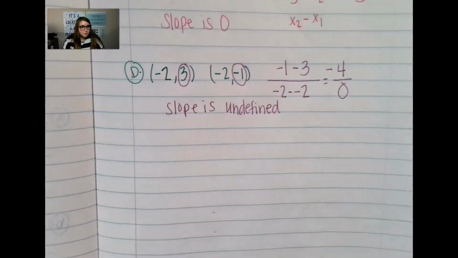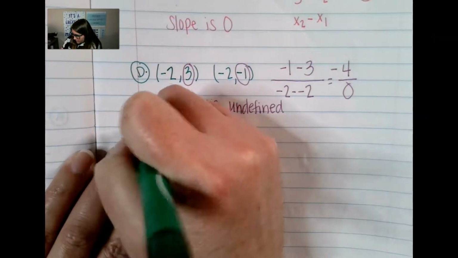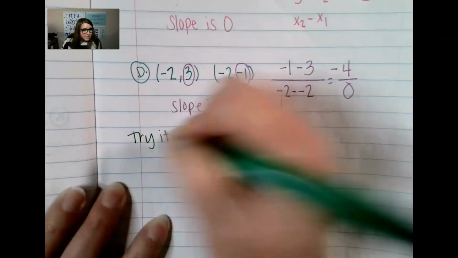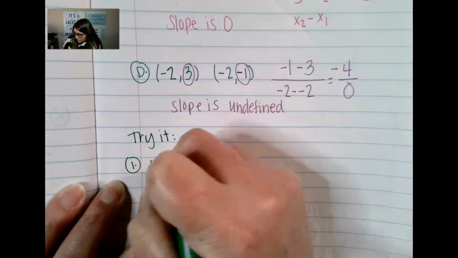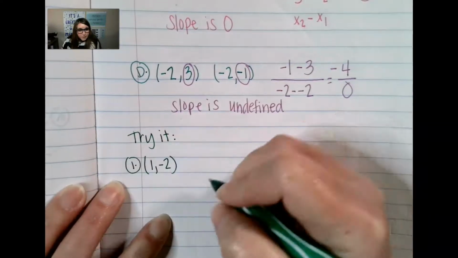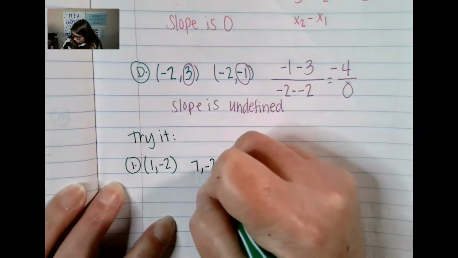Okay, so now I'm going to give you some coordinates, and you can choose to either graph them and then solve, or you can choose to subtract, just like how we did in the second example. So our first try it that I have for you says 1, -2 is the first point, and the second point is 7, -2.